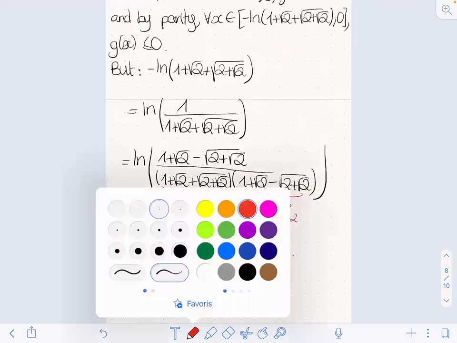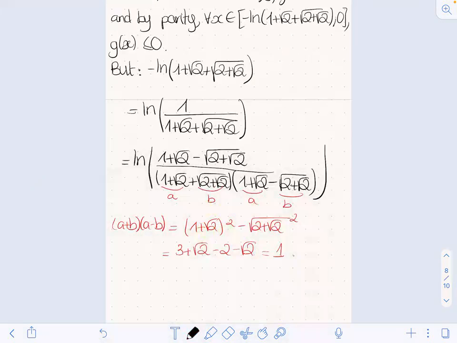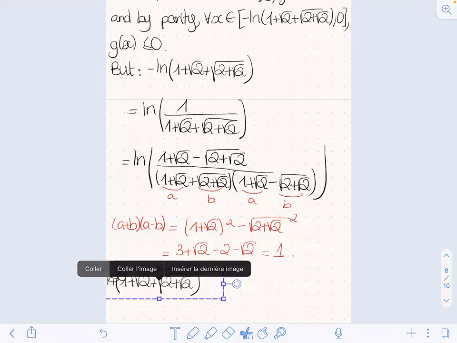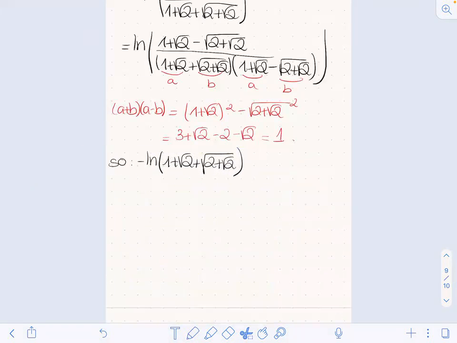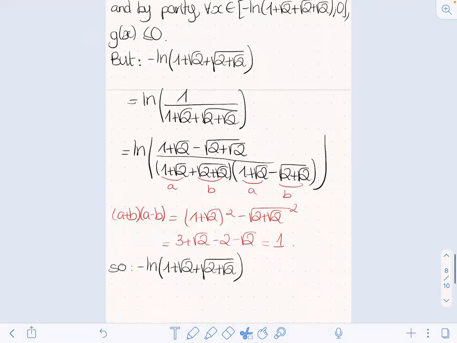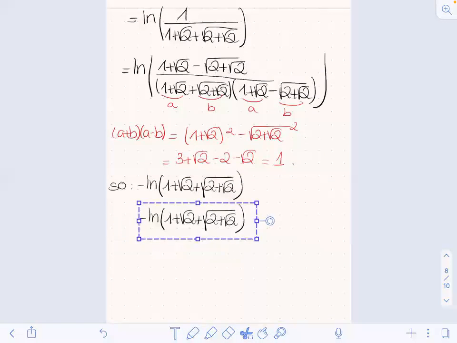And so what we get is that minus the logarithm of the point we are at is in fact equal to the second root of the function, so everything is coherent.